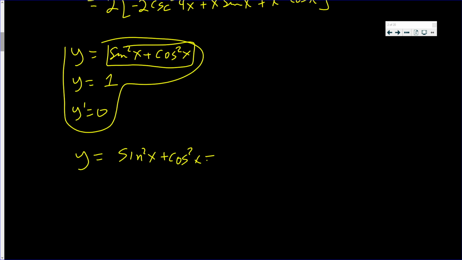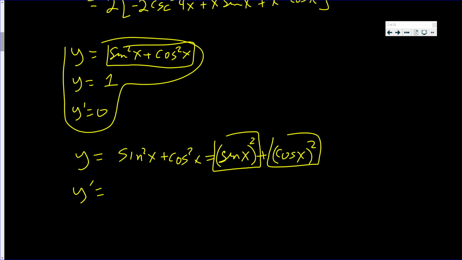First, I would rewrite this as sine x all squared plus cosine x all squared. And then we take the derivative. Take the derivative of this first and then add on the derivative of that. Well, this is some function to a power. The power is a real number. It's not a function of x. You bring down the power, you make the new power 1 less, then you take the derivative of sine x, which is cosine x, plus.